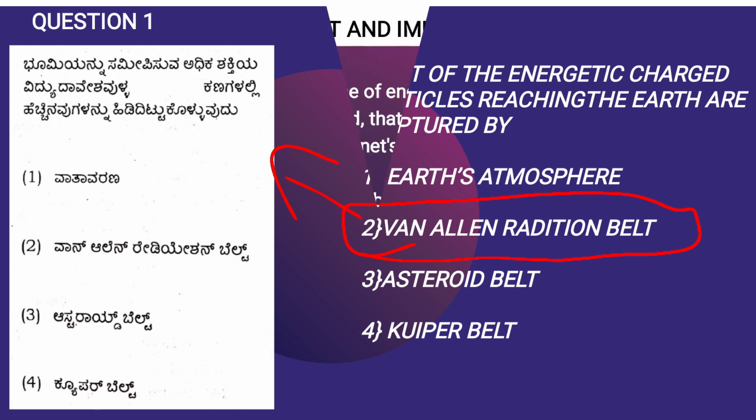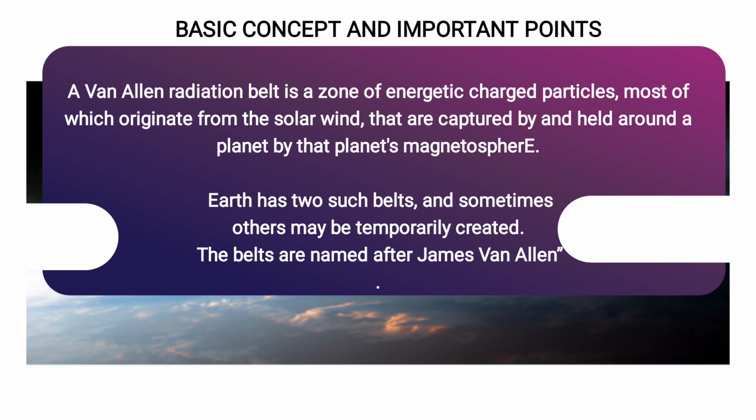Now we will understand some of the basic concept and important points. A Van Allen radiation belt is a zone of energetically charged particles, most of which originate from the solar wind. Do remember, this belt is originated due to solar wind and are captured and held around a planet by that planet's magnetosphere.